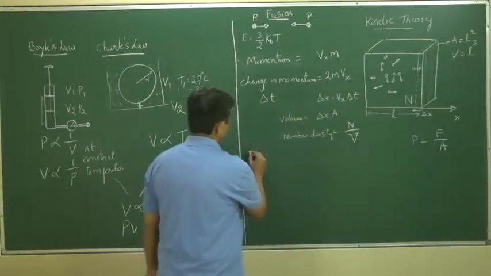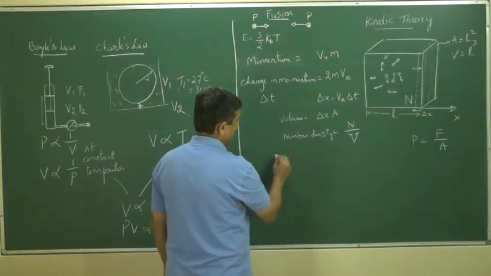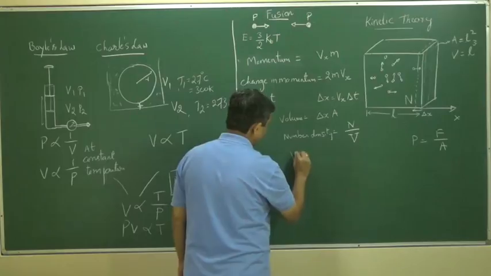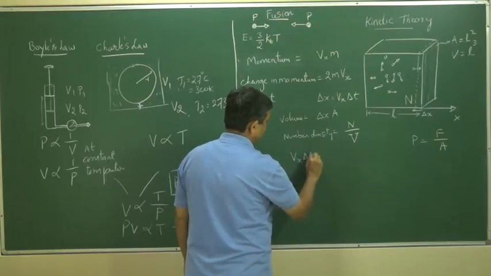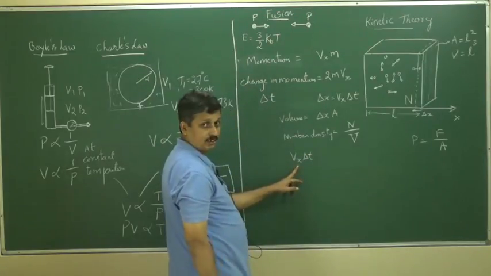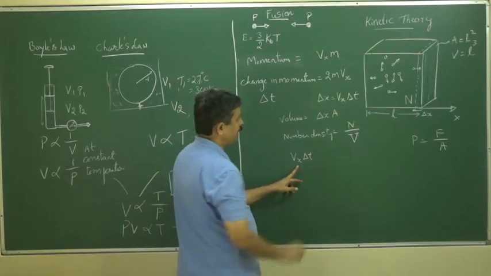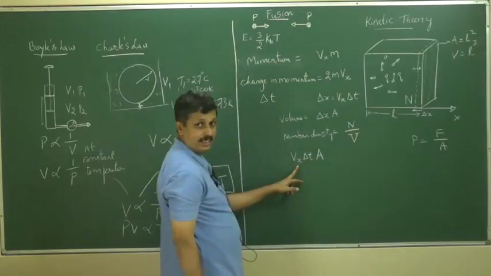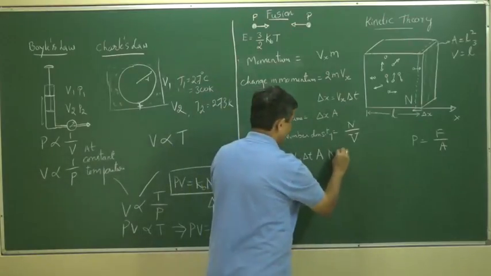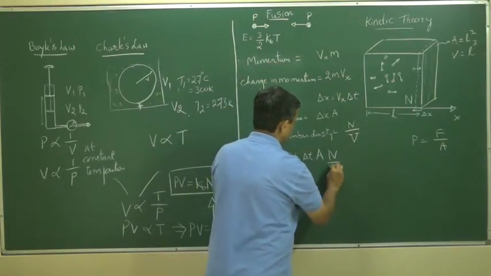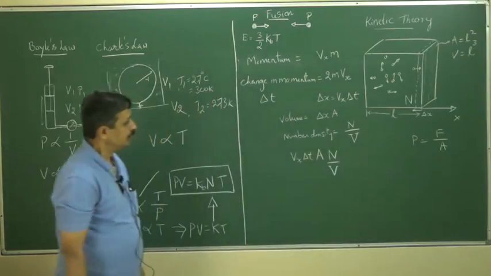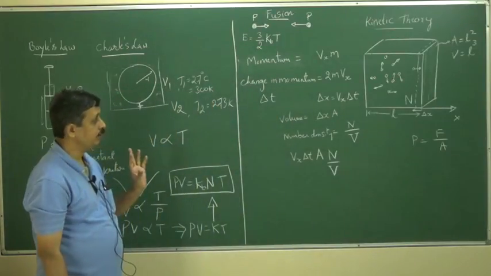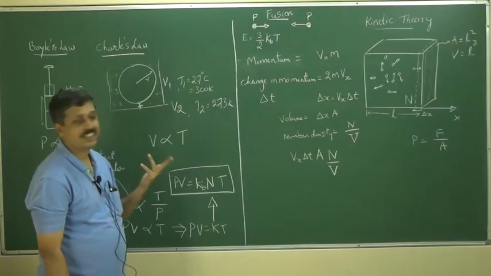So the molecules that we are considering are Vx into delta t, that is our delta x, into A, into N by V. So totally this many molecules are going to hit.